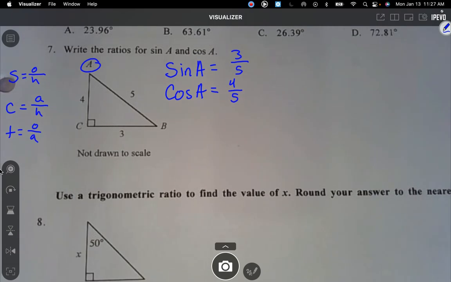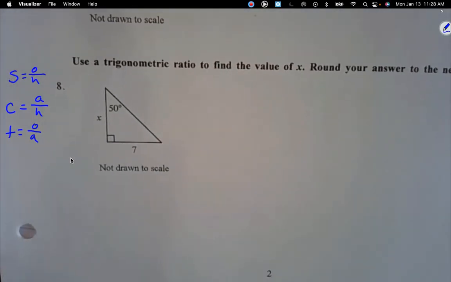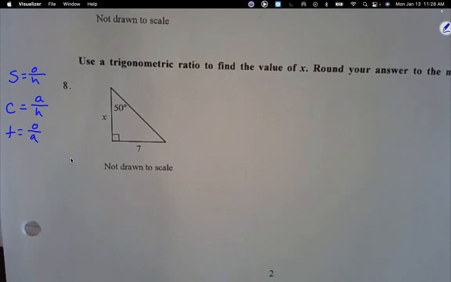Now on the next ones, I think it wants answers. I'll leave SOHCAHTOA right here on the side. Number A. On this one, it says use the trig ratios again. I'm going to use that SOHCAHTOA. And I'm starting at 50 degrees. You always start at your angle. They give me the angle this time, and it's 50.